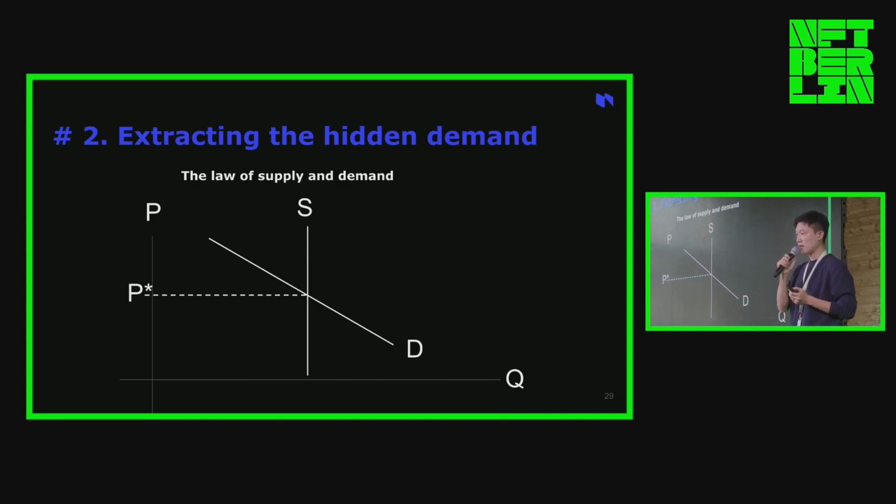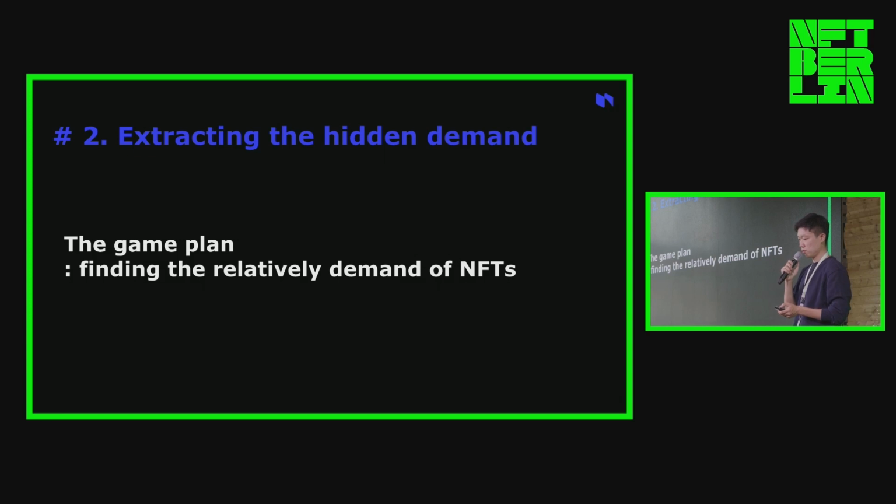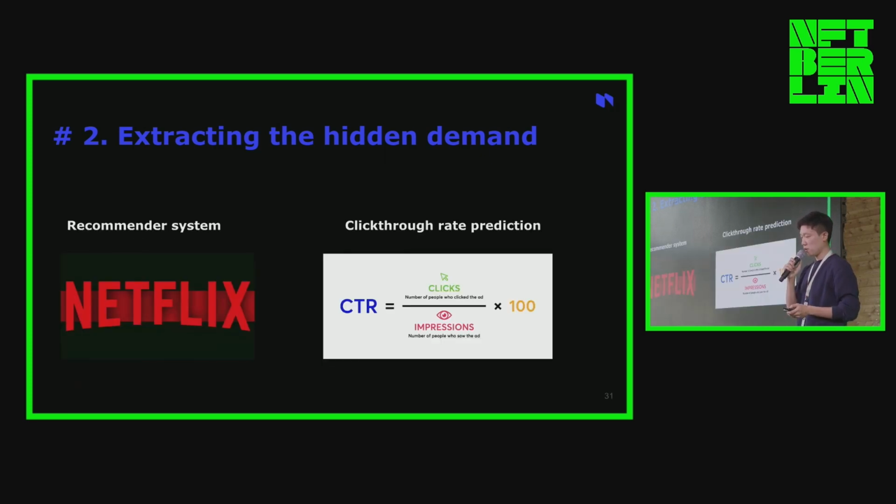So the method of finding the right price is to find the demand of the users. The game plan is finding the relative demand of NFTs. This will be an important leading indicator of NFT prices going up or down. In real life, Netflix, Google, and other players try to predict the demand for their movies or their advertisements.